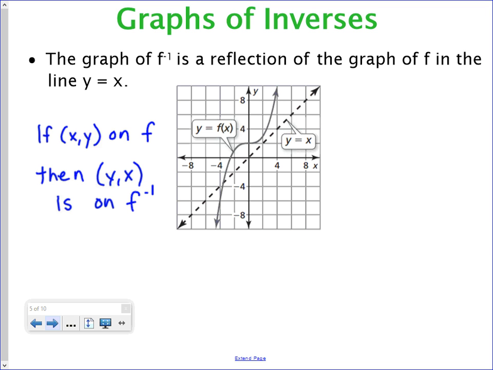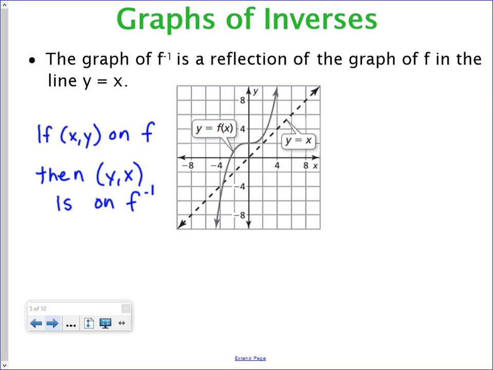So there will be some questions on your homework where you get a picture of a graph and you're being asked to sketch a graph of the inverse. You want to draw it so it's a reflection over the line y equals x. You can also select some points on the actual graph of the original function and then just switch the x and y to get a new point on your inverse.